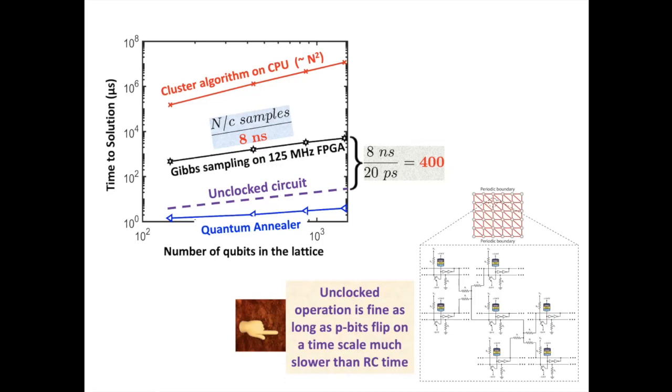This is one thing that always made me wonder: digital circuits require this clock to update things regularly, and yet natural systems, of course, don't work with clocks. What we have shown is that you don't really need the clocks if those delta E evaluations occur on a fast enough time scale compared to the rest of it. If they're slow, then of course that will completely mess it up. But if they're fast, then you don't really need the clocks.